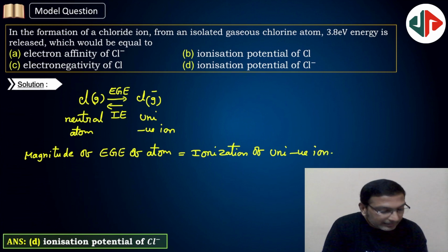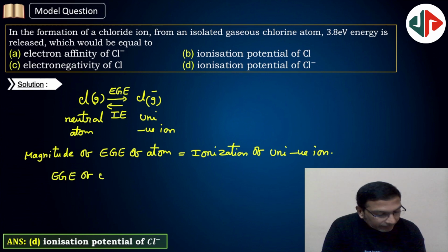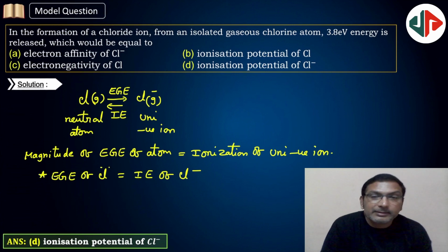Very, very important. That means simply we can write electron gain enthalpy of Cl will be equal to ionization of Cl-. This is the answer.